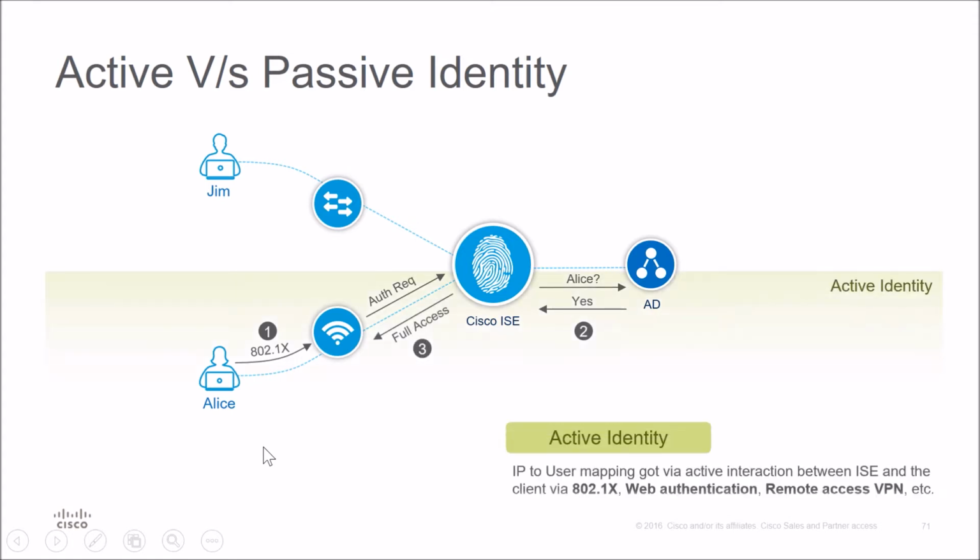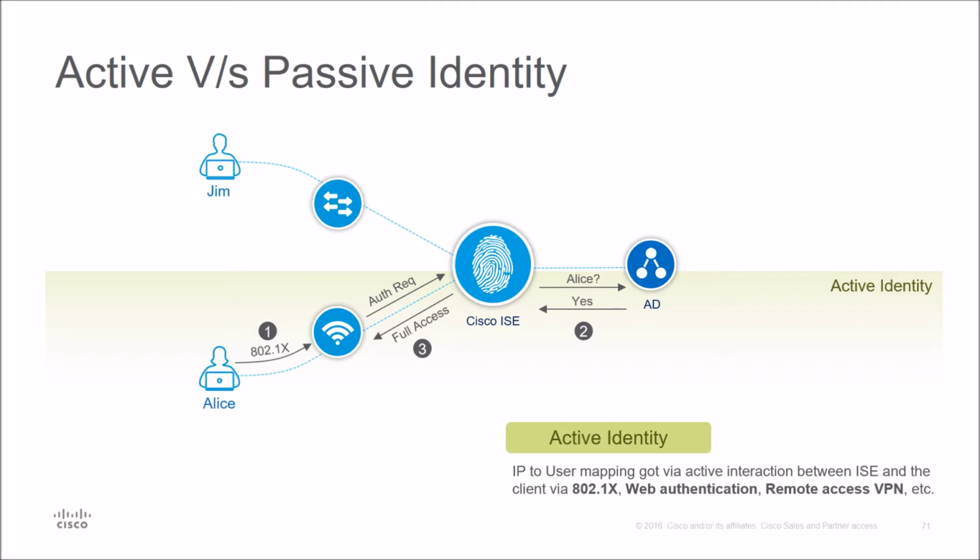So with active identity, 802.1x is used, and obviously you've got to modify the supplicant on each endpoint. There's a lot more configuration and complexity, but it's in line, it's in the path, and therefore just a little more effort to put in play.